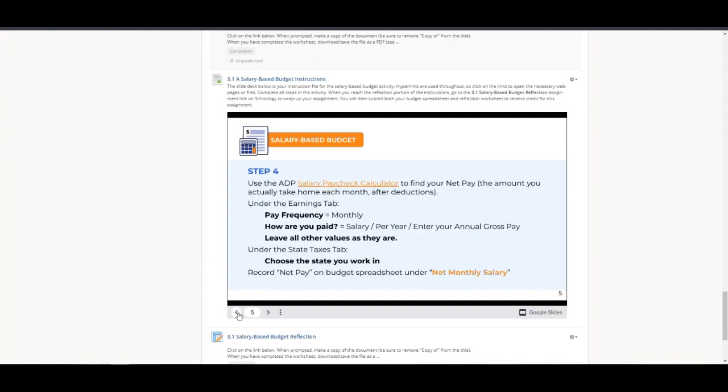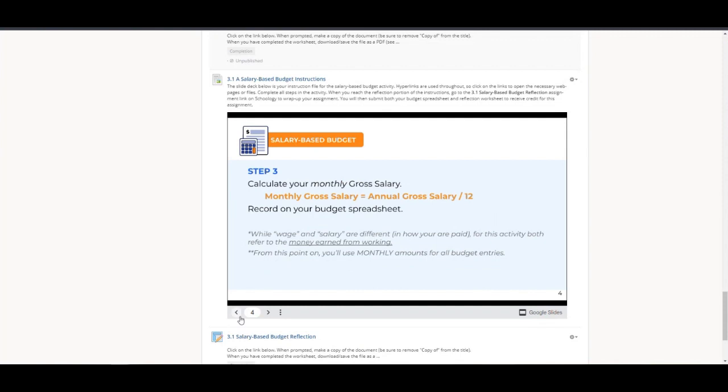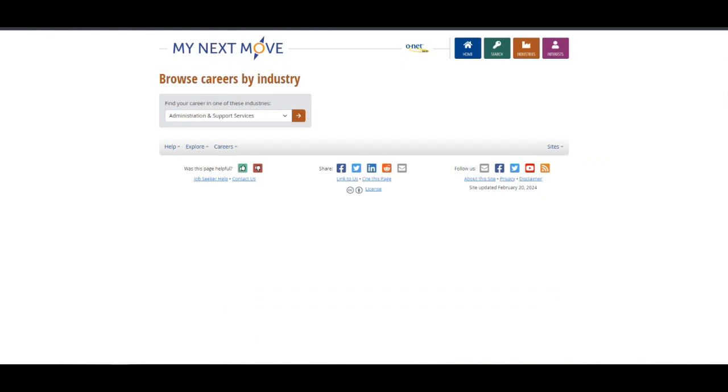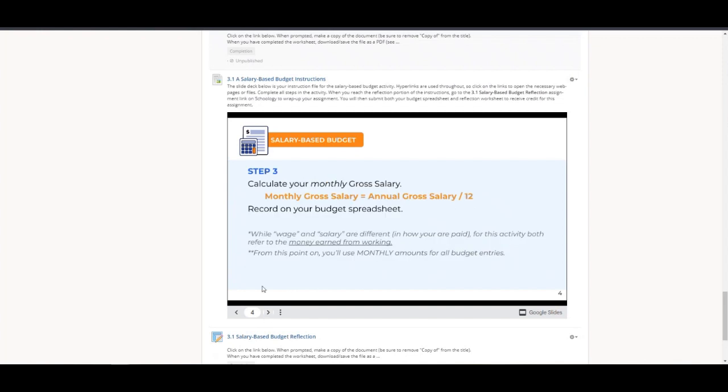Now, there will be times where you have to click out of this. For example, when it comes to calculating your salary, okay, you have to click on this career search tool, figure out what type of job you might want, right? And so when I click on that, it'll exit out of that presentation and come over here. And so then I can search for the type of job that I may want. Okay.